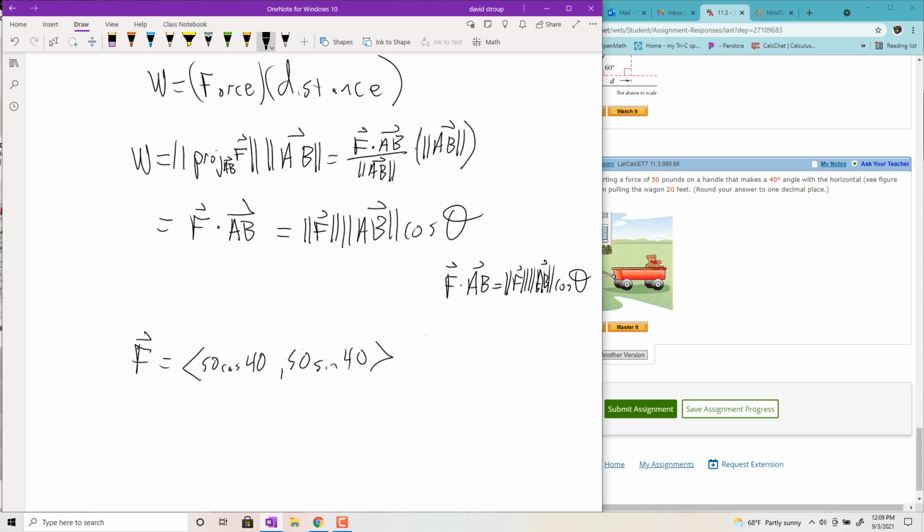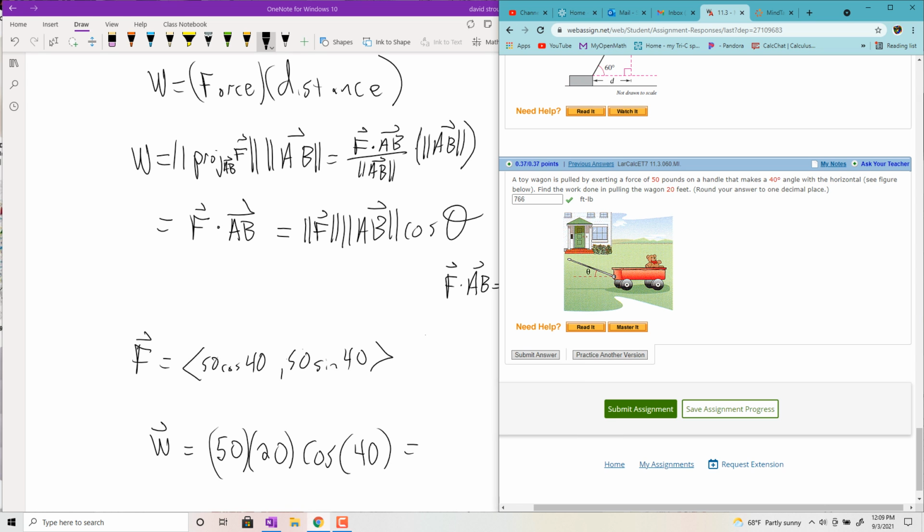You could get it like this: the magnitude of the force, which is 50, times the magnitude of the distance, which is 20, times cosine of the angle between the two vectors.